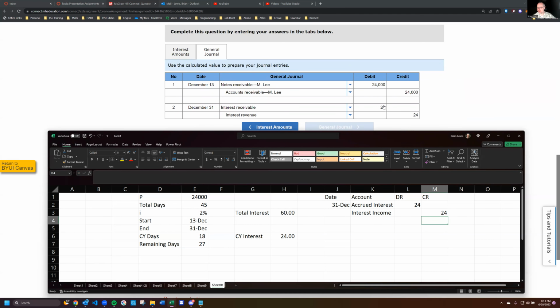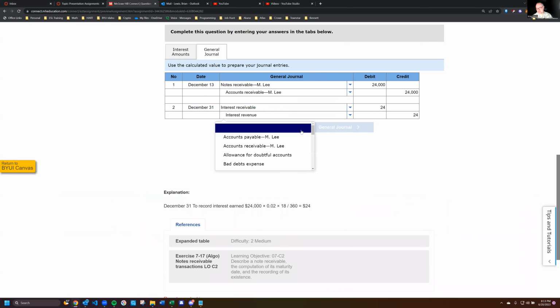So accounts: interest receivable. Okay, accrued interest, interest receivable. You call them basically the same thing. Interest receivable and interest income or interest revenue. Most people don't call this revenue, but because they did, you do. As long as it shows some form of interest.